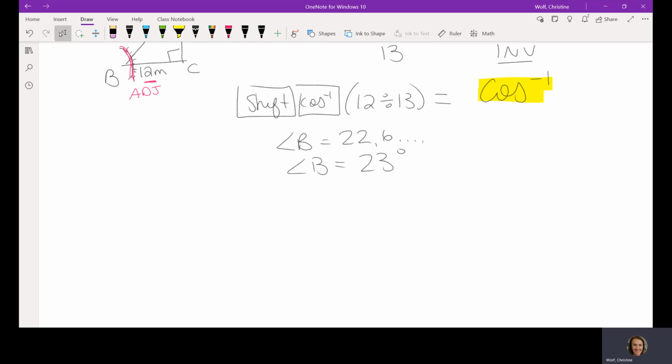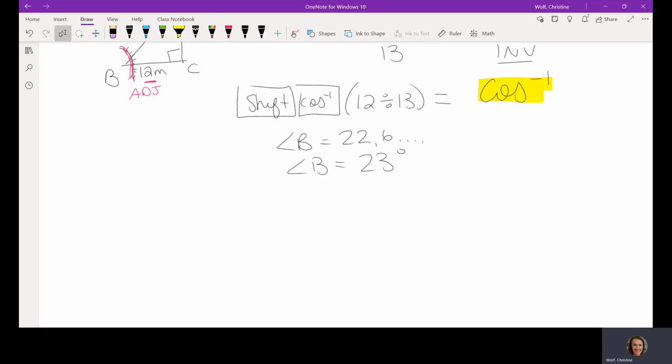Okay, so you need to go on your screen, go 12 divided by 13 equals. You do the division first, and then second function. You do the same thing. You have to do the fraction first, equals, then press the second function button.